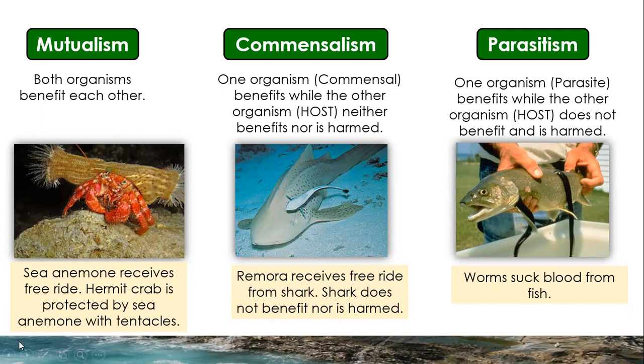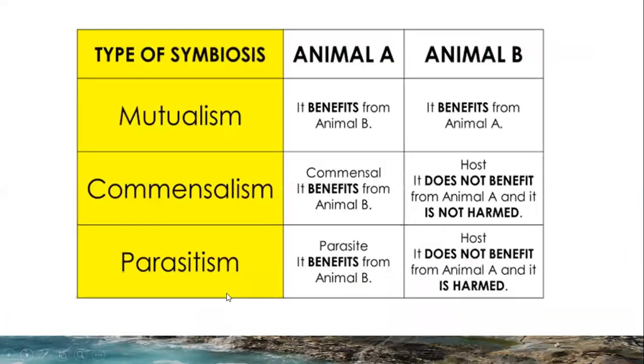If we try to sum it all up, we have here animal A and animal B. As you can remember, symbiosis is a close relationship between two species.